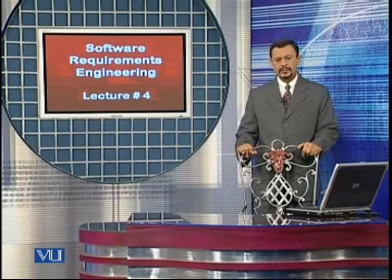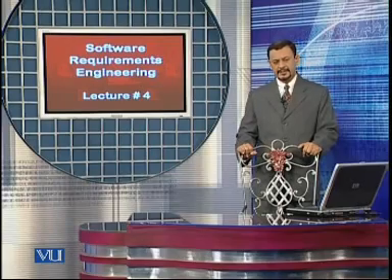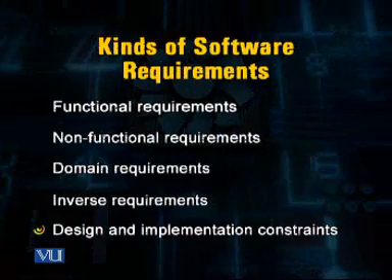And then we also talked about design and implementation constraints. These are constraints put on by the customer in application of software so that these constraints limit the scope of the designers in certain ways.